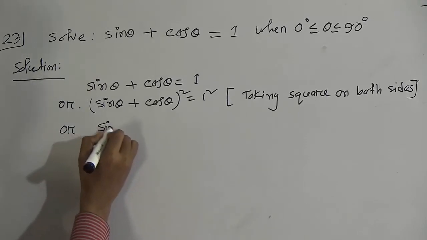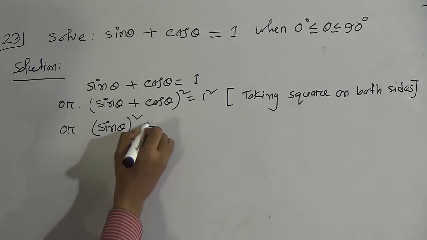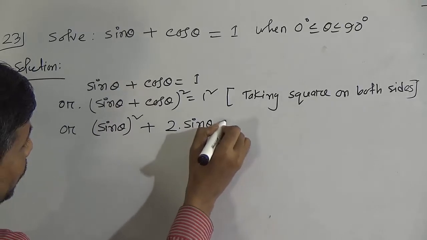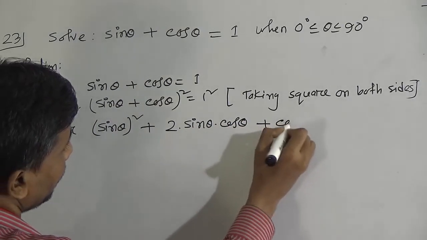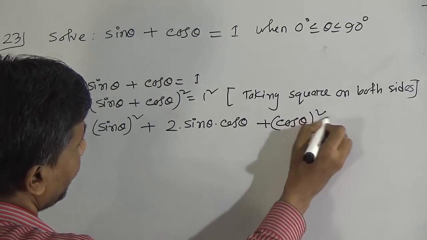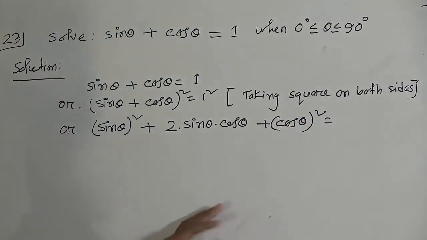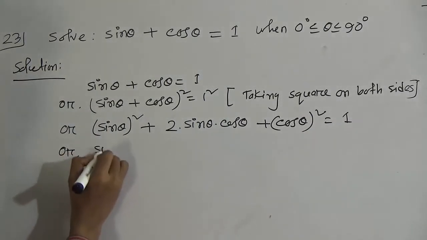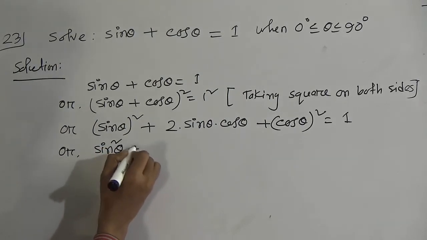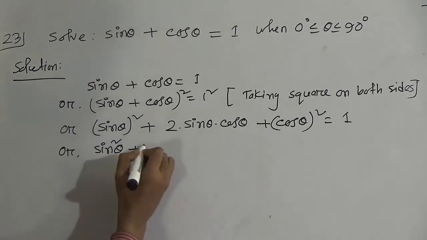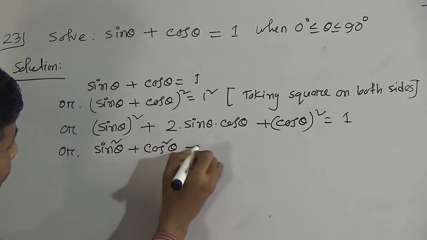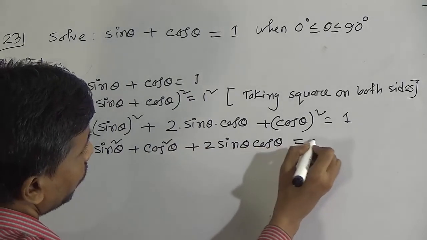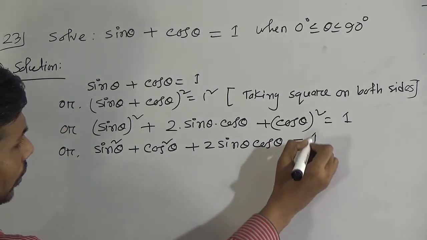Look, a, that means here sin theta whole square, then 2 into sin theta into cos theta plus cos theta whole square, and the square of 1 is equal to 1 into 1, that means 1. Right here, 1.